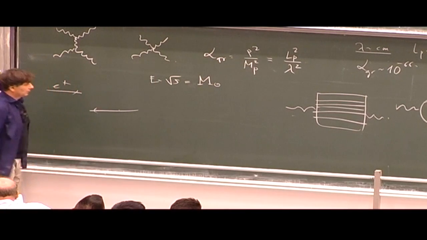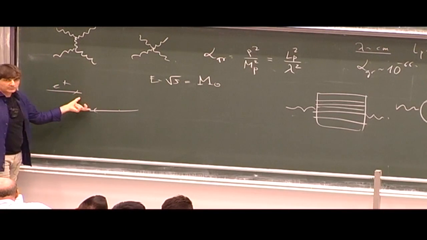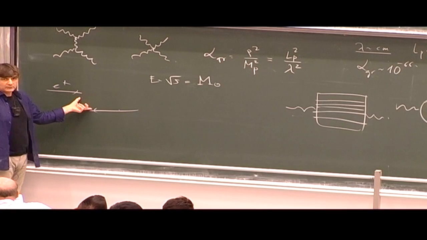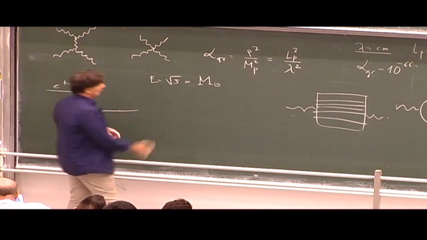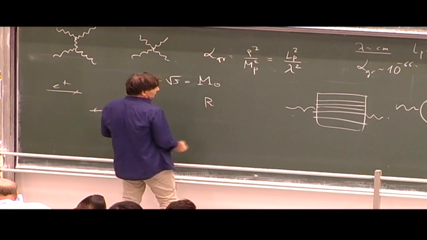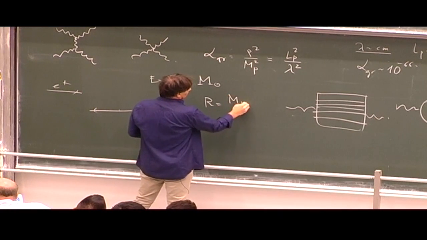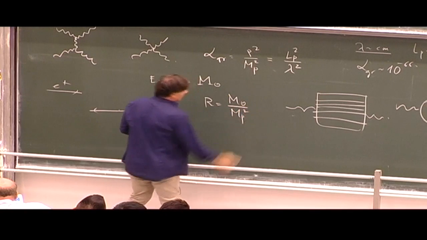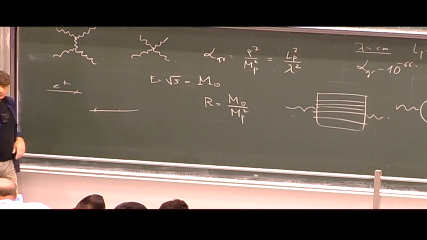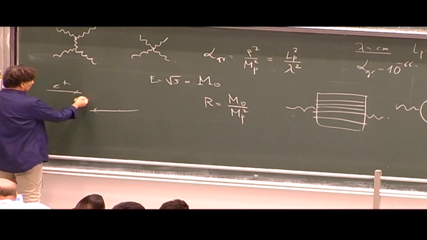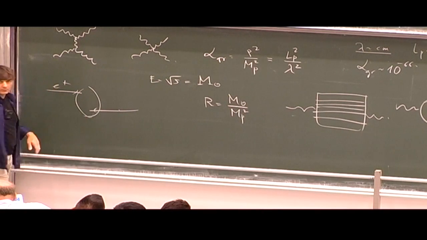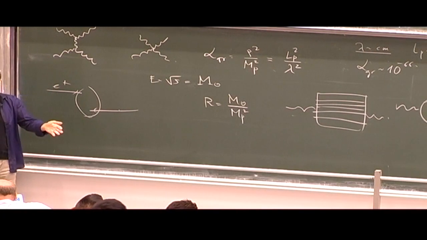And now you say, okay, but let me make the impact parameter less than the gravitational radius of the solar mass black hole, okay? A solar mass black hole has a gravitational radius which is Planck square, right? So then the argument is like this. This gravitational radius is macroscopic, okay?